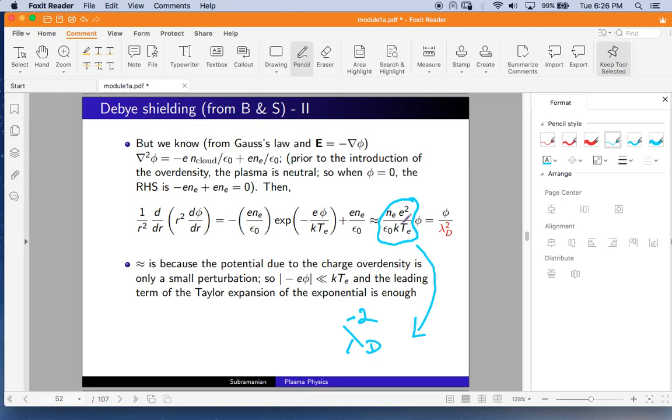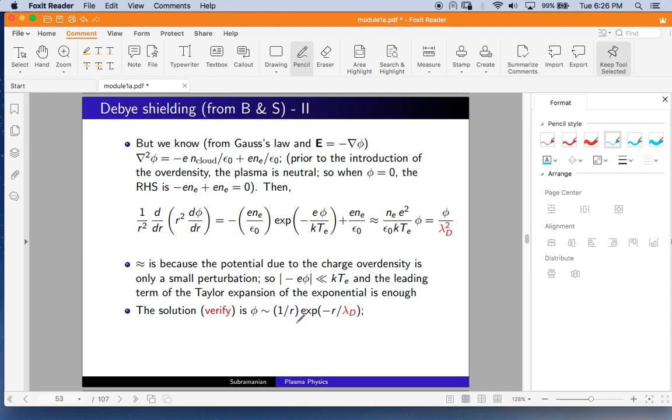This quantity raised to minus 1/2 is what's called the Debye length. So this can equivalently be written as phi over lambda d, Debye length squared. And now if you look at the leftmost side of the equation and the rightmost side, you can verify that the solution is simply this. The solution to phi, you just plug this in and verify.